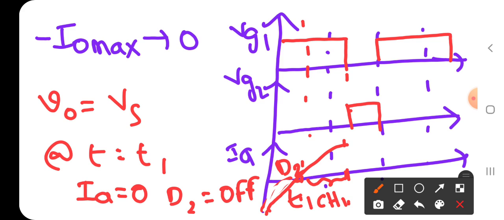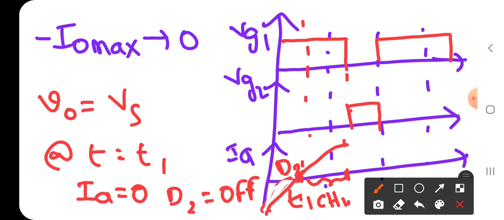Hence CH1 is turned off and D1 will be forward biased.